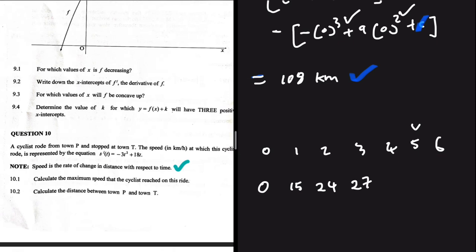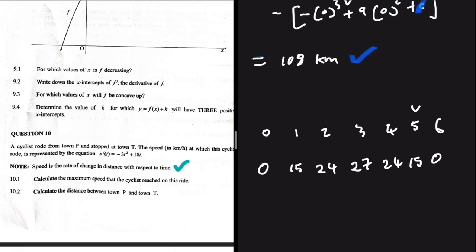What about when I substitute 4? I get 24. When I substitute 5, I get 15. When I substitute 6, I think I should get 0. So let's see. I get 0.